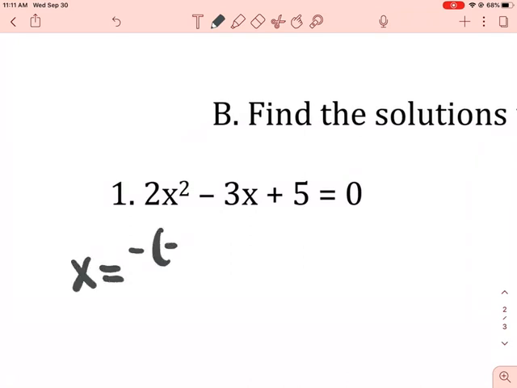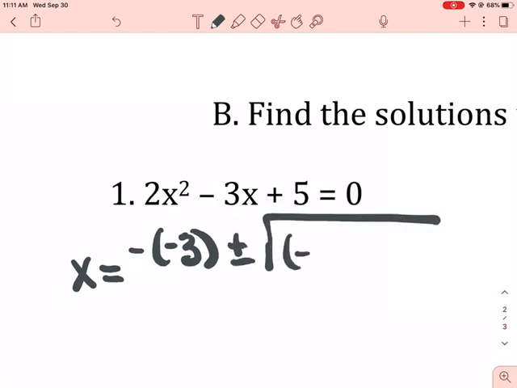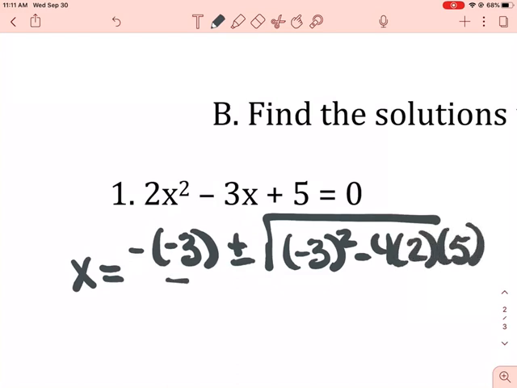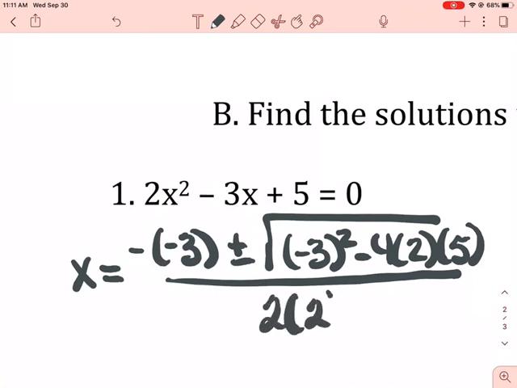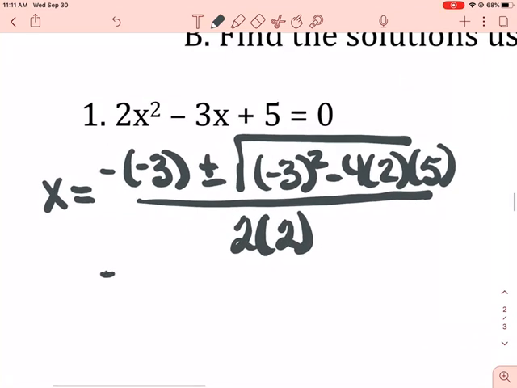Okay. All right, so we're going to go x equals the opposite of negative 3 plus or minus the square root of negative 3 squared minus 4, a is 2, c is 5, all over 2 times 2.